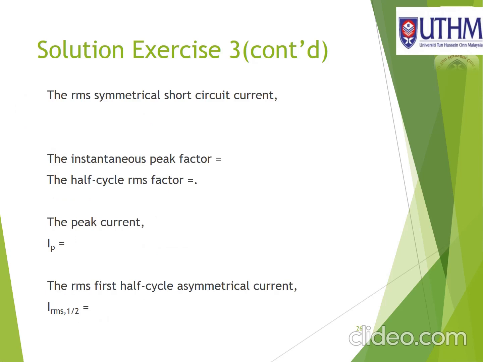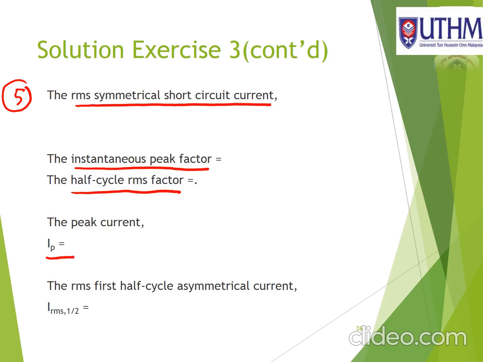Step number 5, the last step, you have to calculate the RMS symmetrical short circuit current for single phase, and then get the instantaneous peak factor, and also the half cycle RMS factor by referring to the table, and also get the peak value for instantaneous and the peak value for half cycle asymmetrical current.